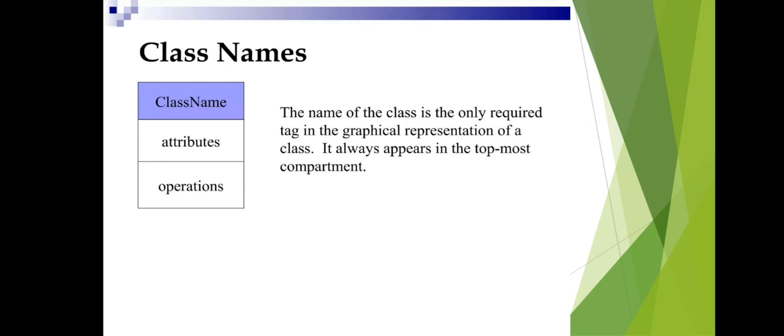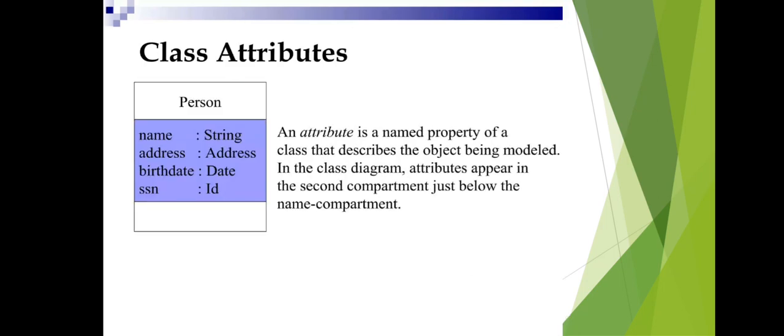The class name is the graphical representation of a class. It identifies the name of the class, and it always appears in the topmost compartment of the class. Second is the class attribute. An attribute is a named property of a class that describes the object.